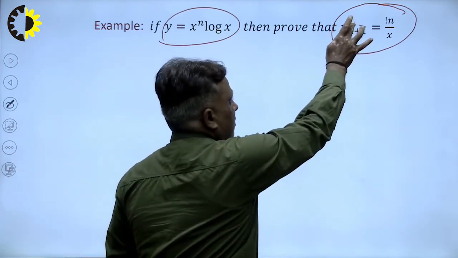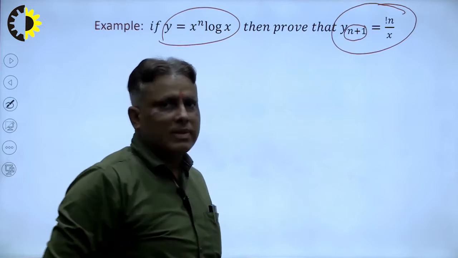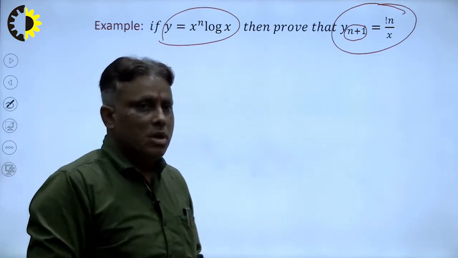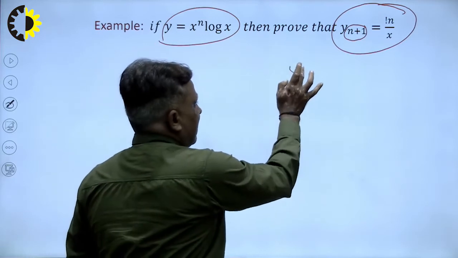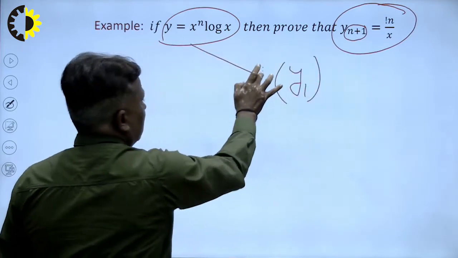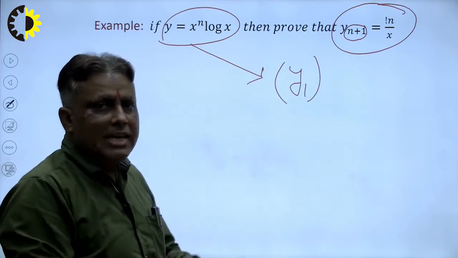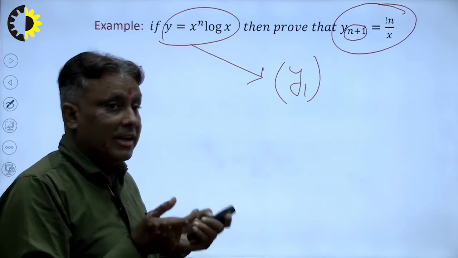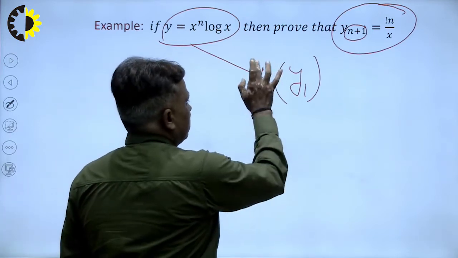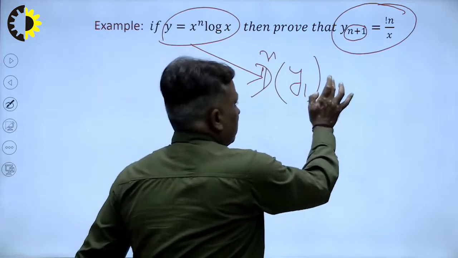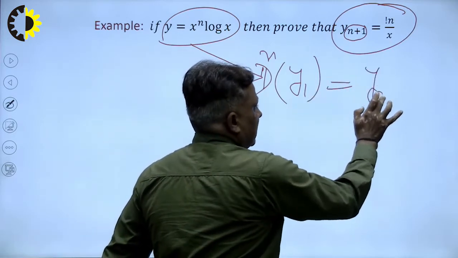I recognize here n plus 1, that means I differentiate n plus 1 times. First I calculate y1 with the help of this y, and after this I apply Leibniz theorem n times, then the result will automatically be n plus 1.